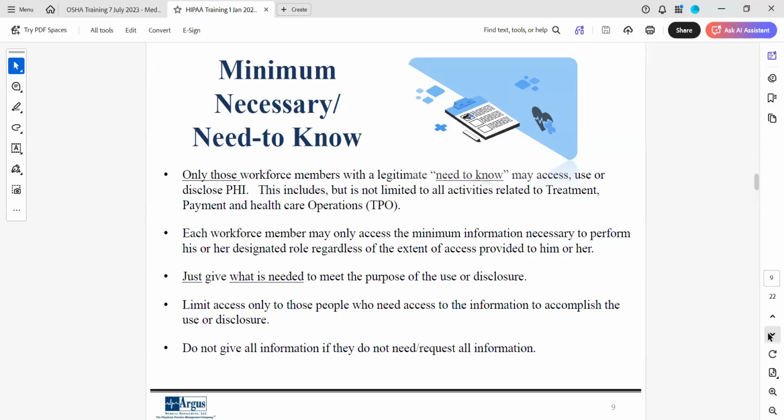I'm not going to read the whole slide for you, but do not ever give all of the information if they do not need the information. And limit access only to those people who need access to the information to accomplish the use or disclosure. Don't let everybody in your office have access to the medical information.